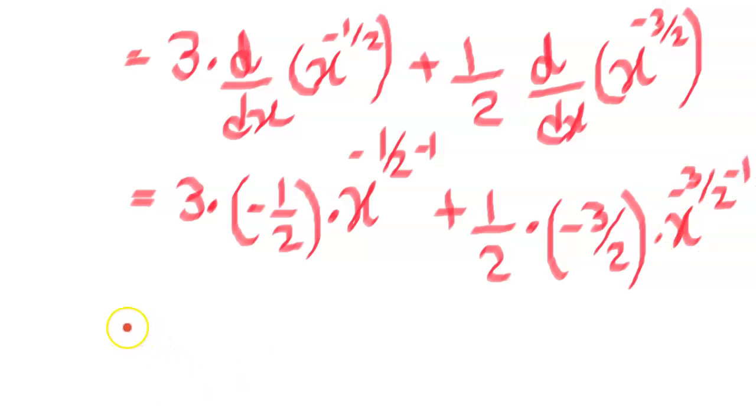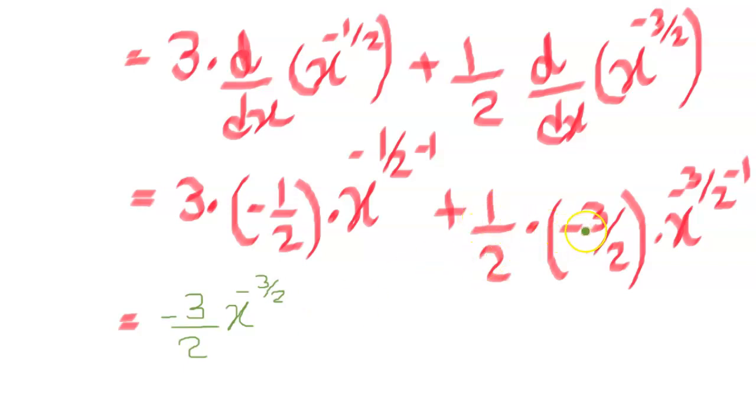So let's simplify that. That's 3 times minus half, which is minus 3 over 2. x to the minus half minus 1 becomes x to the minus 3 over 2.